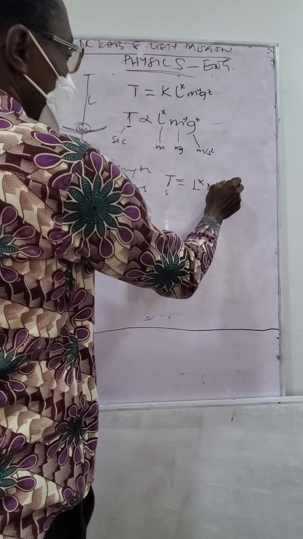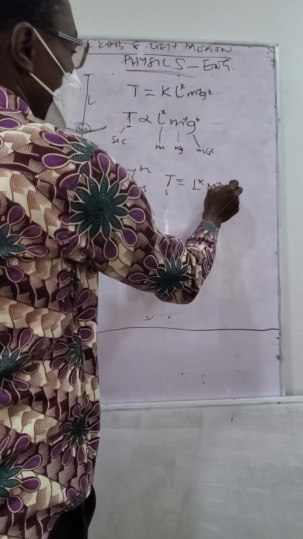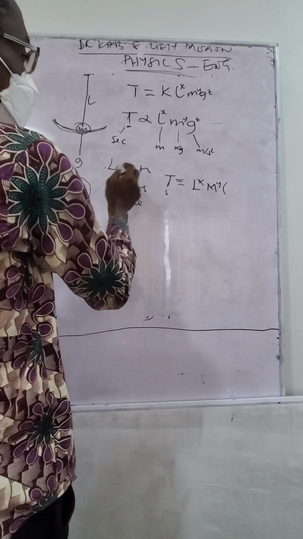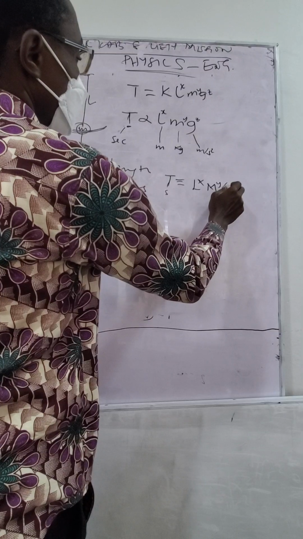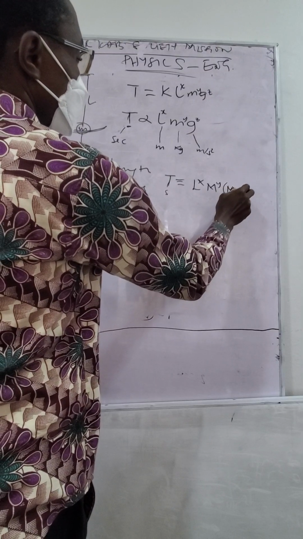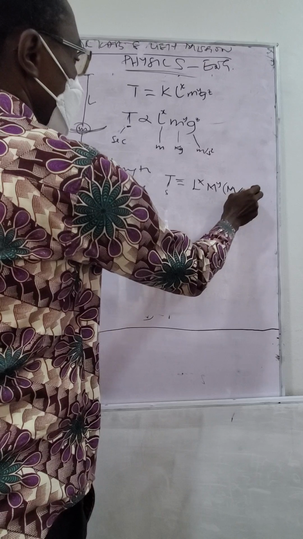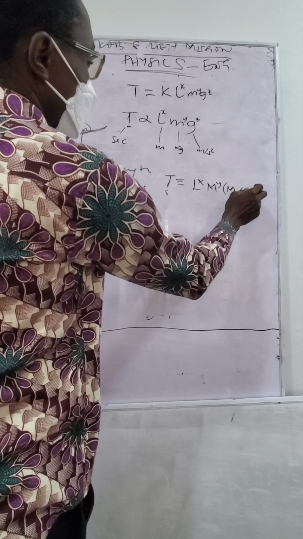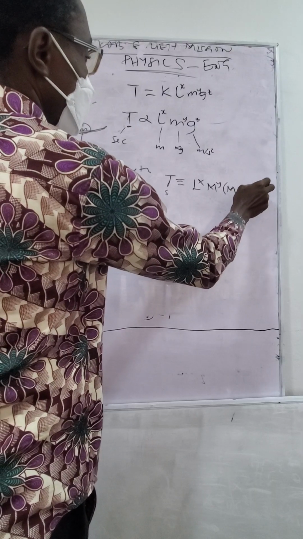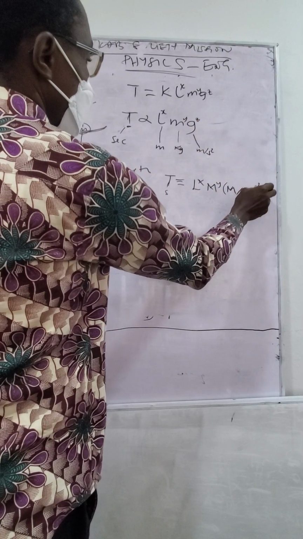And acceleration due to gravity, we must express it in these units. It's going to be mass, M, over time, T squared. All this, we said this should be z.